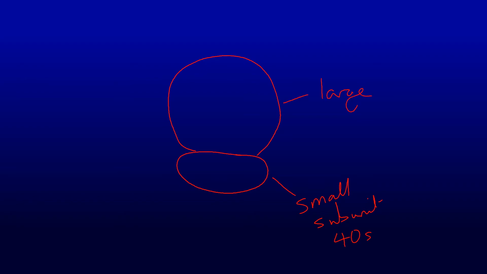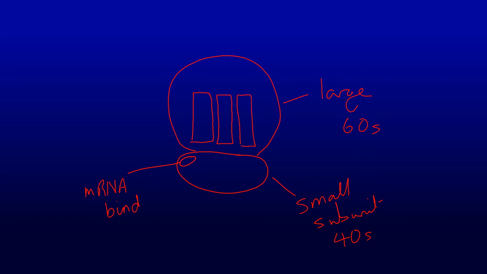There's our large one, and that's the 60S subunit. We've got our messenger RNA binding site there. I'm just going to write mRNA bind. Okay. And we've got our 3 sites within the large subunit. And they are our E, P, and A sites.